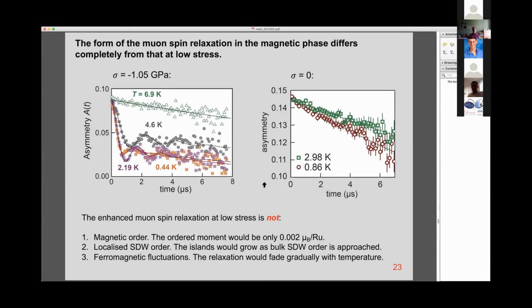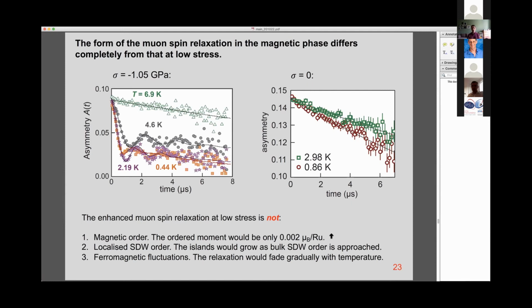Now this tells us something. So this form, when we have magnetic order in strontium ruthenate, is completely different from the muon spin relaxation seen at lower stresses. So this is a strong argument that this enhanced relaxation here is really not from magnetic order. If it were from magnetic order, the ordered moment would have to be only about 2 milli-Bohr magnetons per ruthenium.